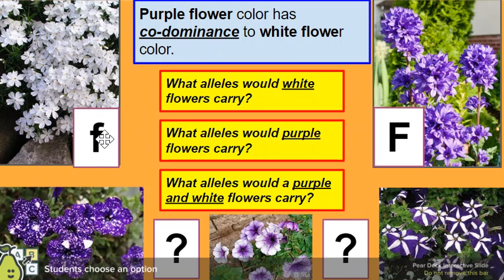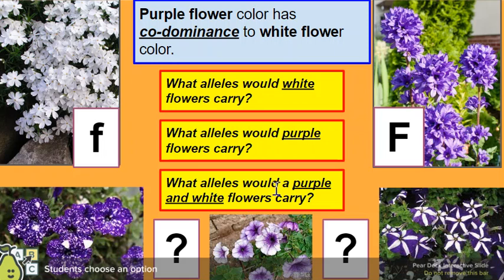In order to be purple, what alleles would the flower carry? Well, purple means it would obviously have a big F. But in non-Mendelian genetics, because there's three possible physical traits, purple needs to be big F, big F, then it's purple. Now, here are three possible appearances of the offspring.